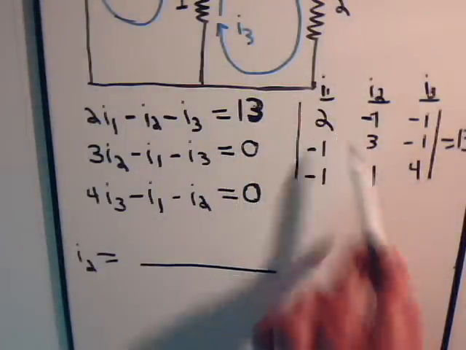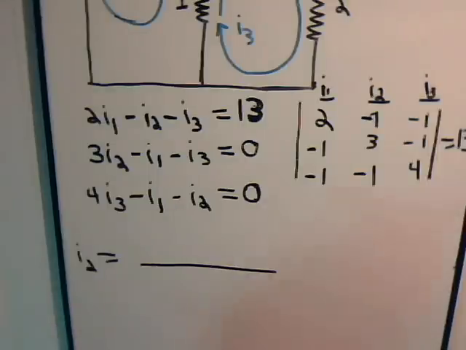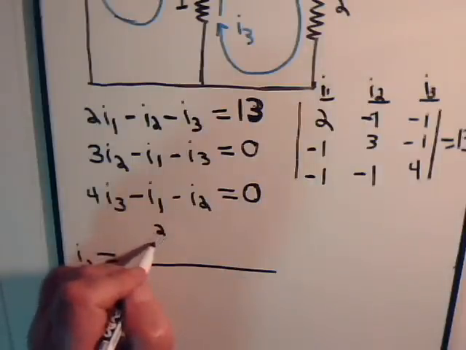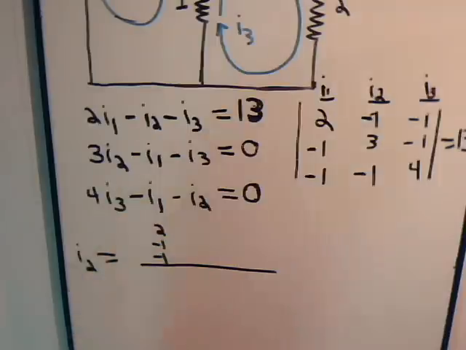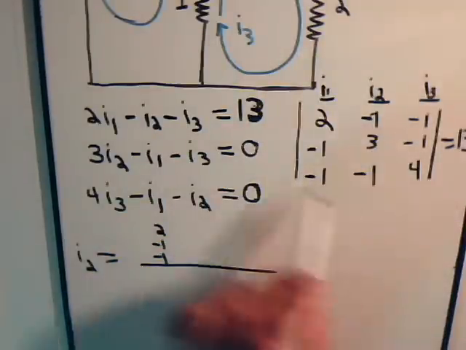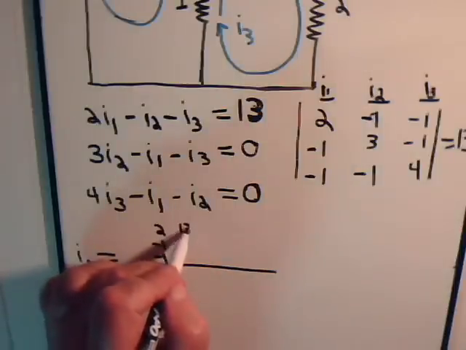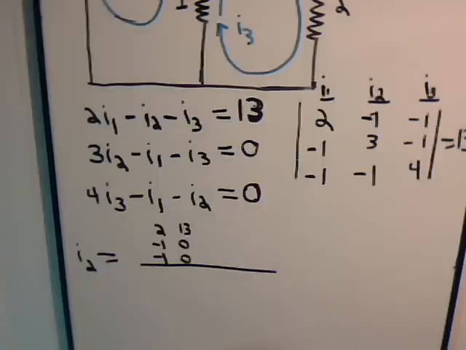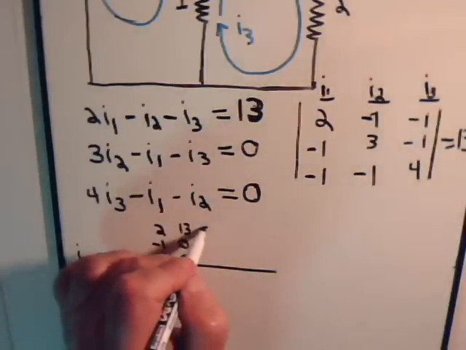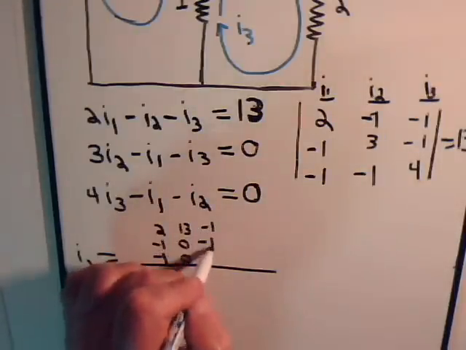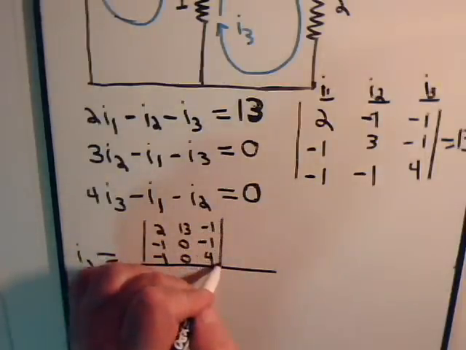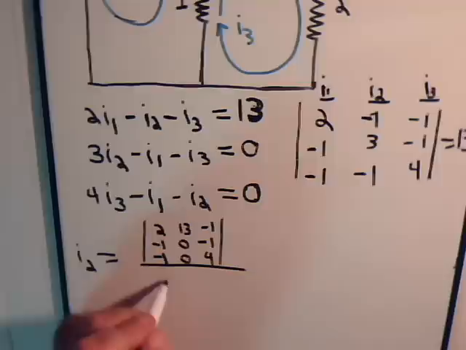So here for I2, we have 2, -1, -1, 13, 0, 0, and then we have -1, -1, 4. And that is divided by 13.